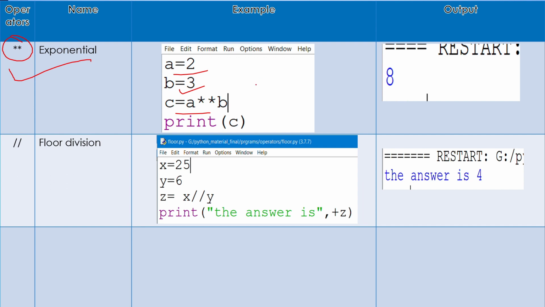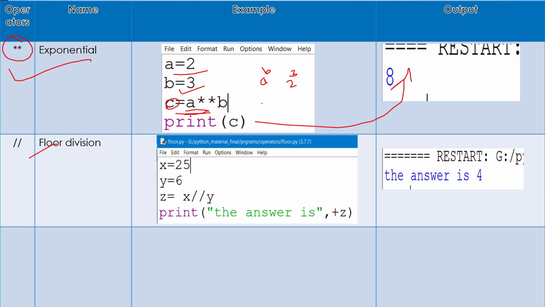It simply means A to the power B. That means 2 to the power 3, which is 8. So the answer is stored in the operand C. When I use a print statement, it will display the output onto the output screen.